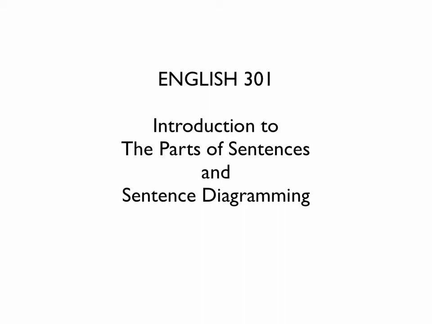I would like you to look very carefully at the definitions for the parts of sentences. You really need to know these precisely because the terminology and the way that people talk about subjects and predicates and so on can get quite sloppy. I myself get sloppy when I'm teaching composition because I fall into the shorthand that we tend to use when discussing these terms. For example, I will say something like, identify the subject and the verb in the sentence, which is actually quite sloppy.